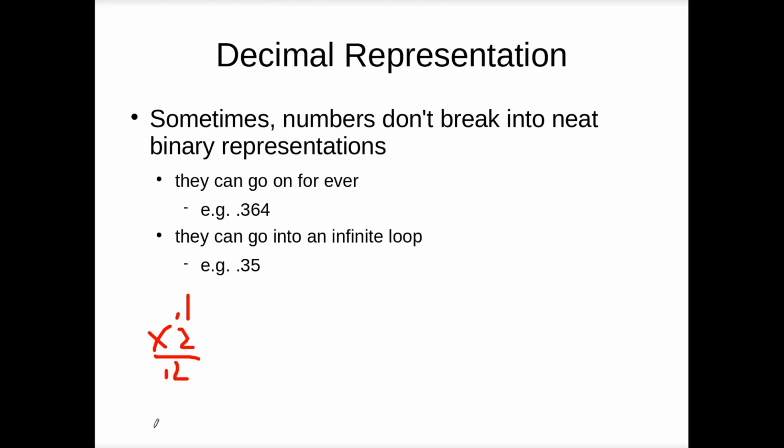Following this pattern, the first number, 0.1, times 2 is 0.2, so a 0. Another 0 because it's 0.4. Then 0.4 times 2 is going to be 0.8. And times 2 for this one is going to be 1.6.